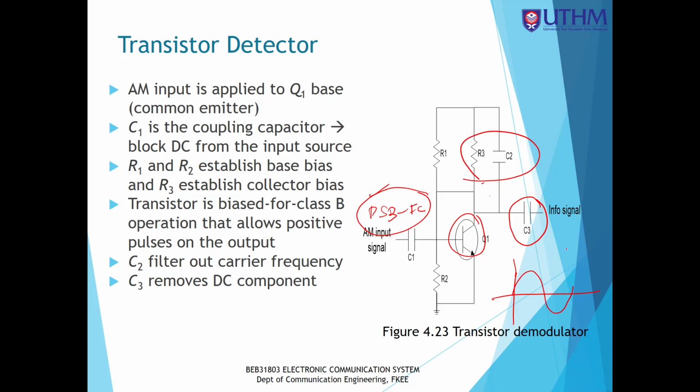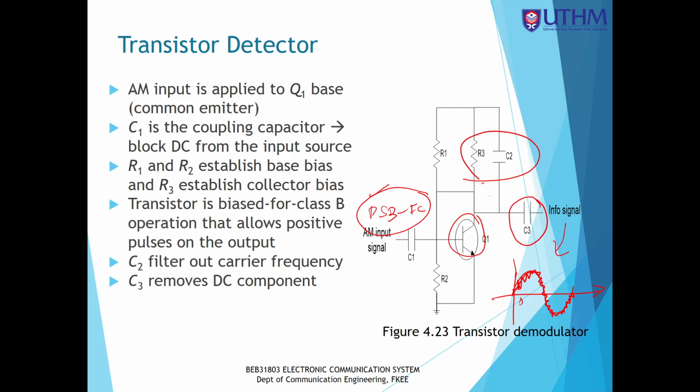Okay, so capacitor C3 will remove the DC component, and therefore the output signal will go down to the x-axis and start at 0, like this. Okay, so the output here is actually not smooth because of the charging and discharging of the RC tank circuit.